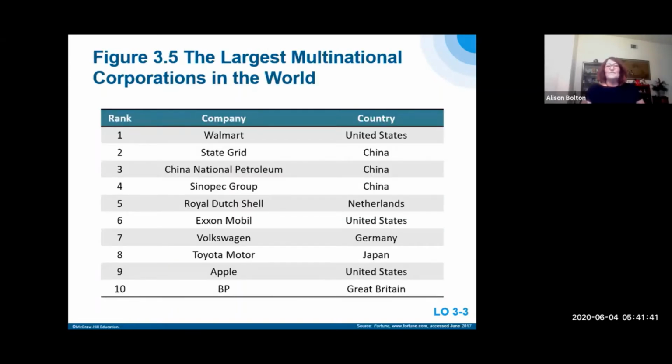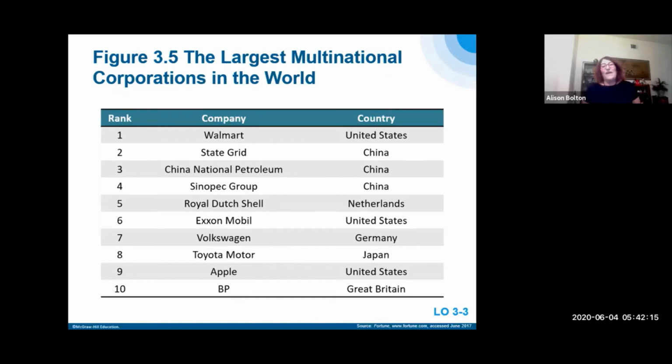So let's take a look at some of the largest multinational corporations in the world. And of course, here in the United States is Walmart. And then we go to China with State Grid, totally different kind of company. China National Petroleum, Sinopec Group in China, the Royal Dutch Shell, which is oil in the Netherlands, and then ExxonMobil here back in the United States, Volkswagen in Germany, and Toyota Motors in Japan.